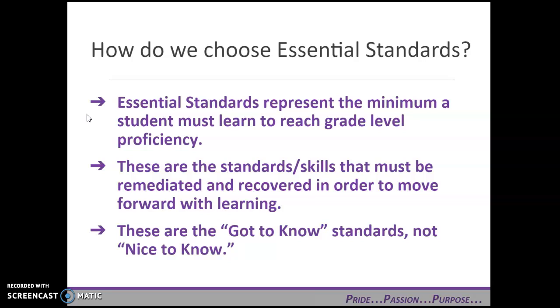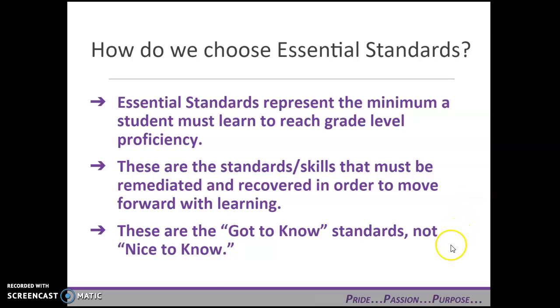So how do we choose essential standards? Of course, we're responsible for teaching all standards for our content, but essential standards represent the minimum knowledge or skills a student must have by the end of the course. These are the standards we must remediate and students must recover in order to complete the course.